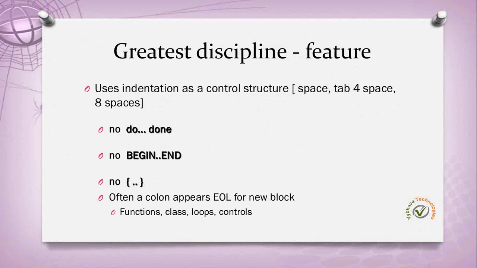Indentation requires 4 spaces or 1 space. You can use 1 space, or you can use 4 spaces, or you can use 8 spaces in a tab. So you have 3 choices. You can use any one of them to make a block. Block structures are used whenever you are using a for loop, if condition, function definitions, class definitions, and modules.